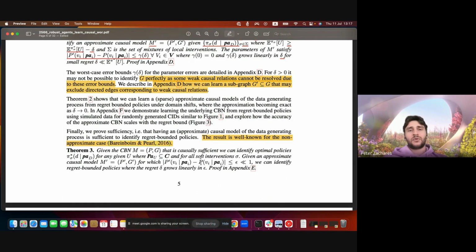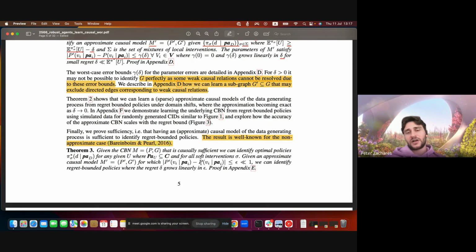And that's really important because it creates a sufficient condition, which means that before we were just showing that these results are recoverable, but this way what you're showing is that both these conditions are true or they're both false. So if you have a regret bounded set of policies for all soft interventions, that means that you can create an approximately correct causal model of the world.